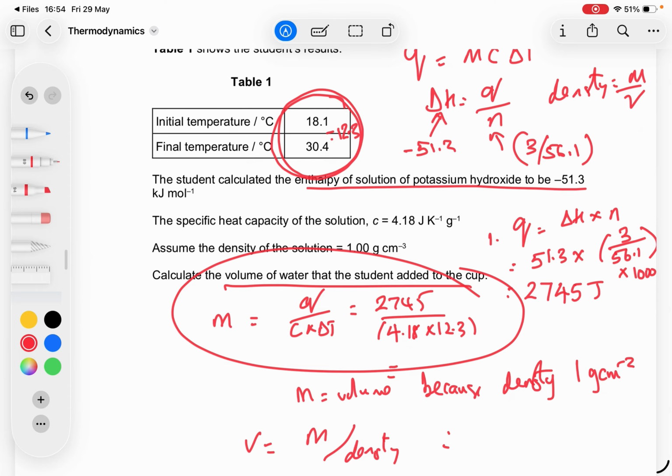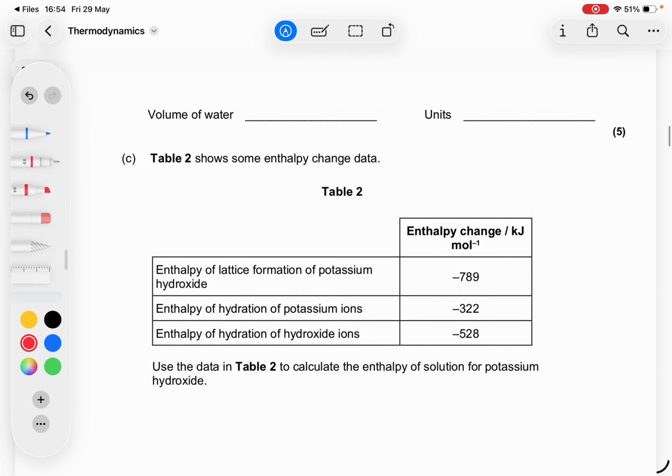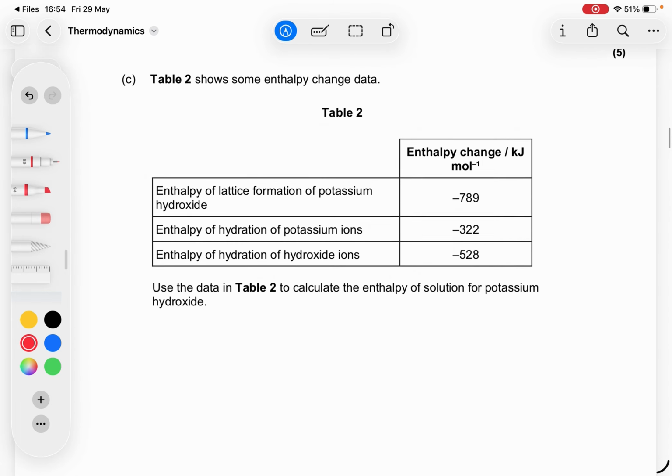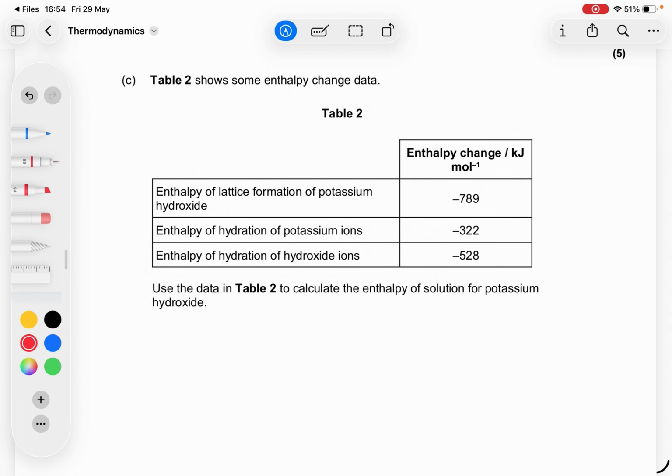The other type of question that always comes up is the enthalpy of solution type question. And this comes up pretty much every year. I don't teach students a specific formula here to do enthalpy of solution. This is what I teach. You've got your ionic solid.